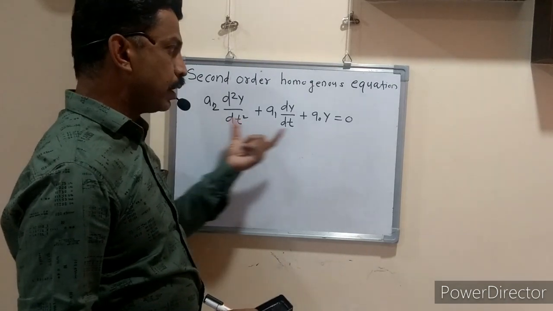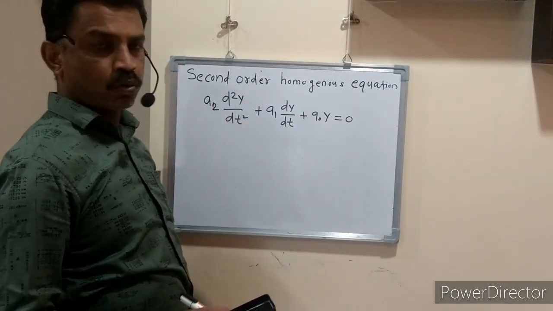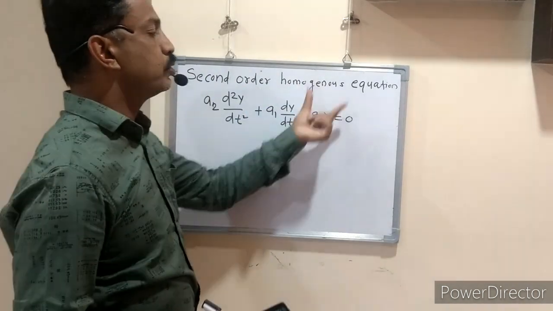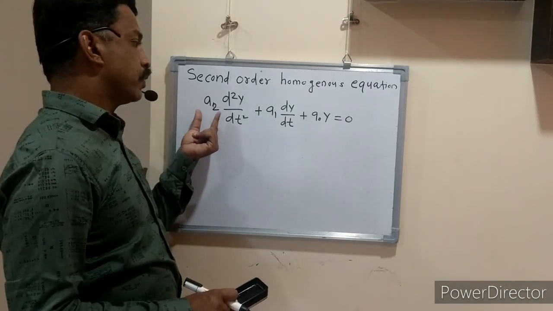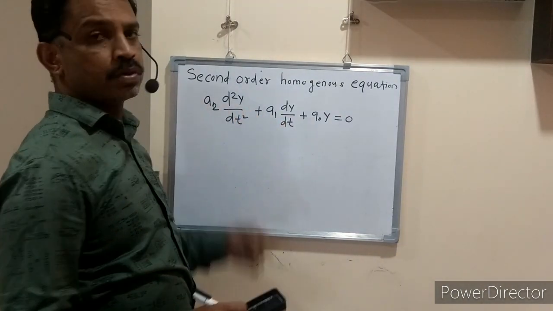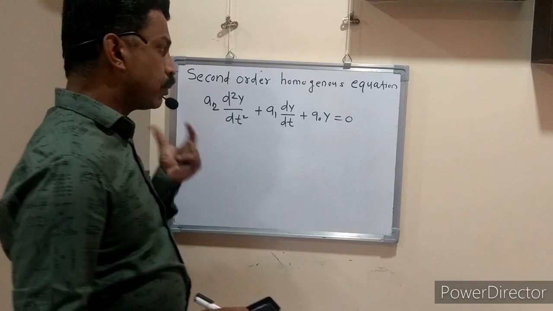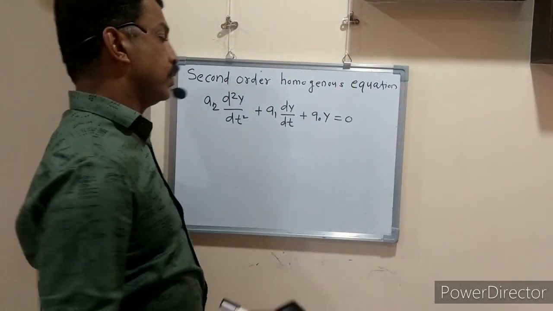If a2, a1 and a0 are constants, then such an equation is known as second order homogeneous equation with constant coefficients, where a2, a1 and a0 are the constant coefficients, meaning numbers that are constant.